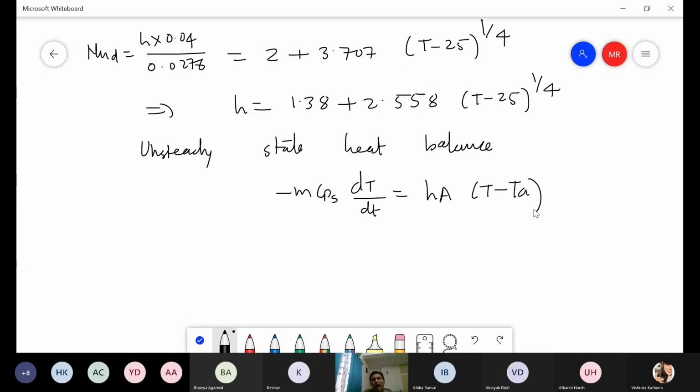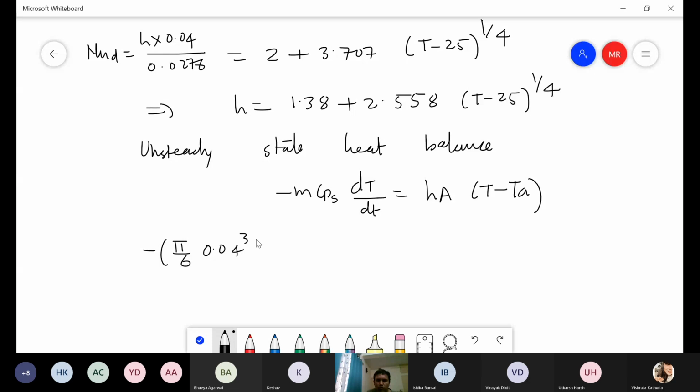Now the mass of the sphere we don't know, but we can calculate it because the diameter of the sphere we know, and the density of the sphere we know. So we can directly write this as pi by 6 D cubed, so that becomes 0.04 cubed.